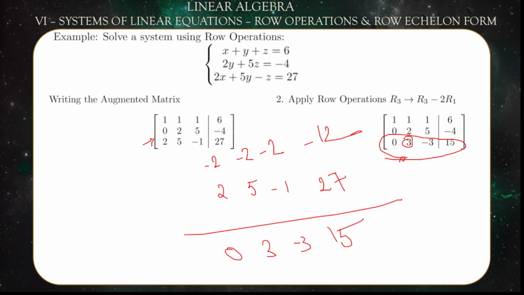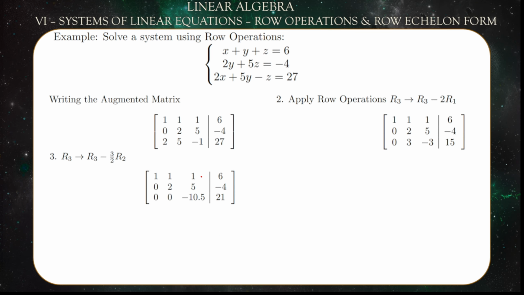Very good. Now we need to get rid of this value here to make it 0. So to get rid of this value, R3 is equal to R3 minus 3 divided by 2 R2. We multiply R2 by minus 3 divided by 2 to get rid of the 2, and we get minus 3 here. So when we add them, we get 0 on the third row.